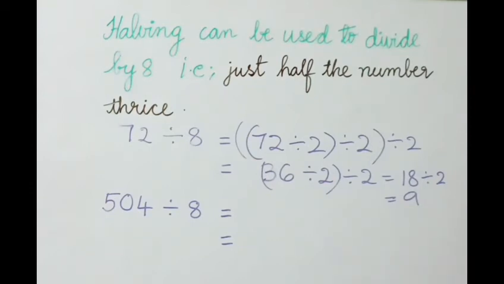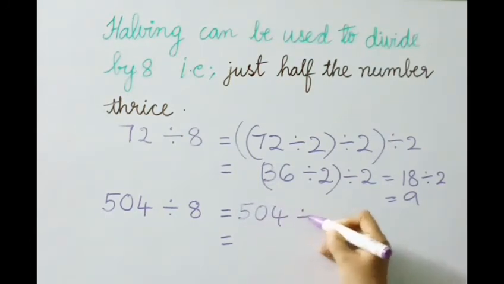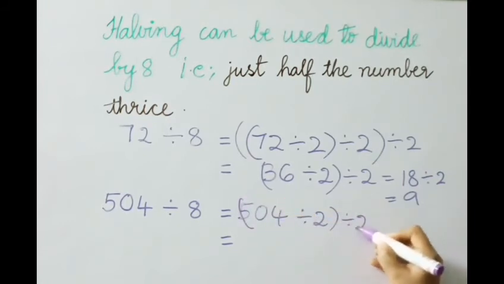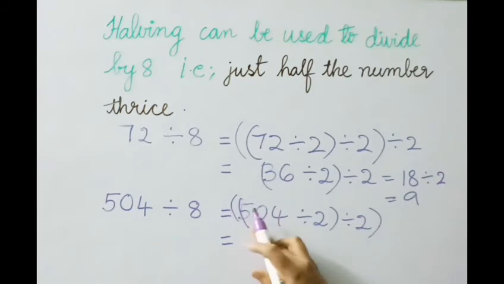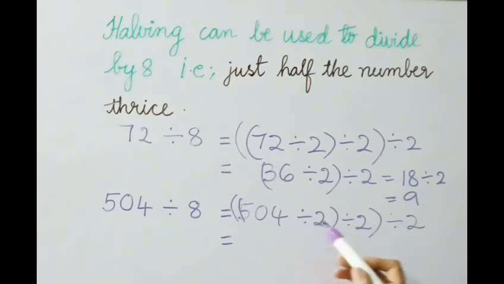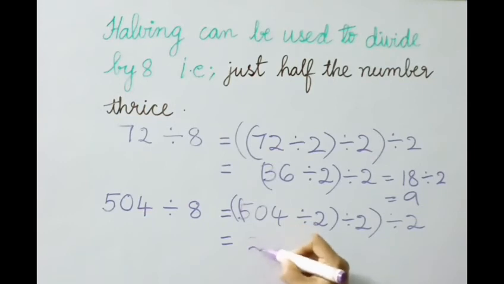See the next example, 504 divided by 8. So 504 is divided by 2 three times. 504 divided by 2, again divided by 2, and lastly again divided by 2. So 504 divided by 2. 50 half is 25, and 4 half is 2.